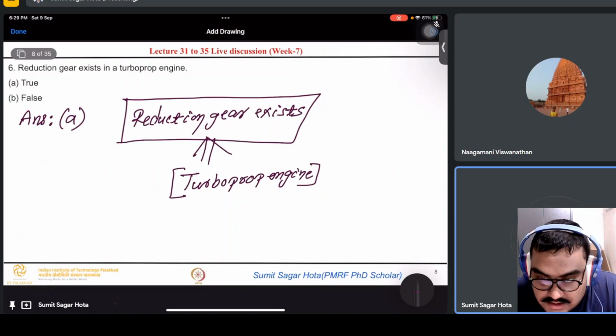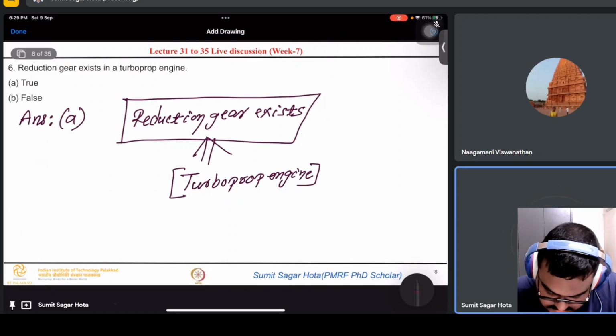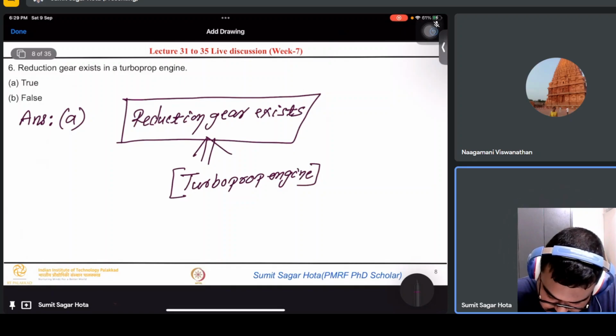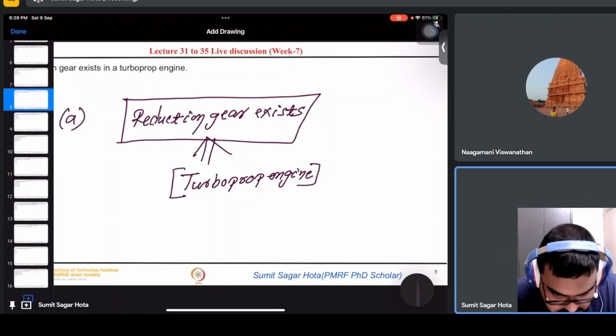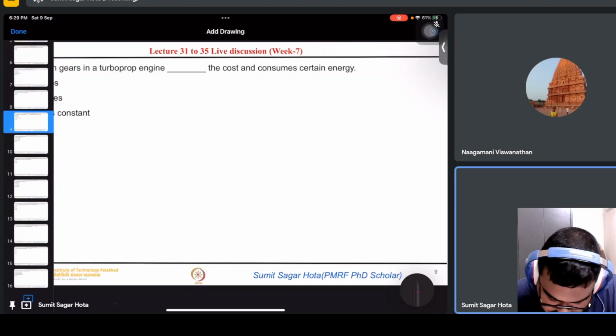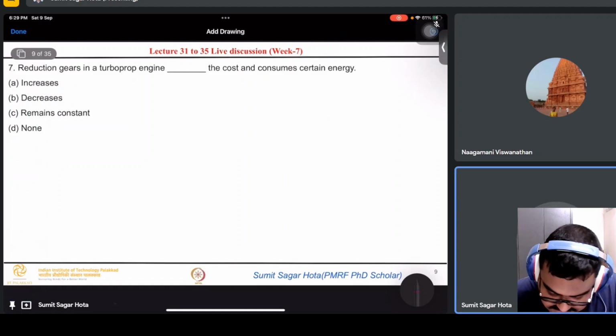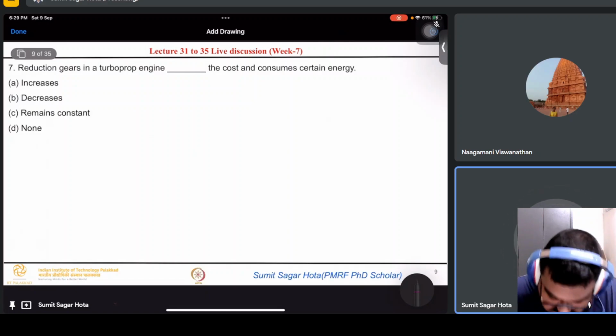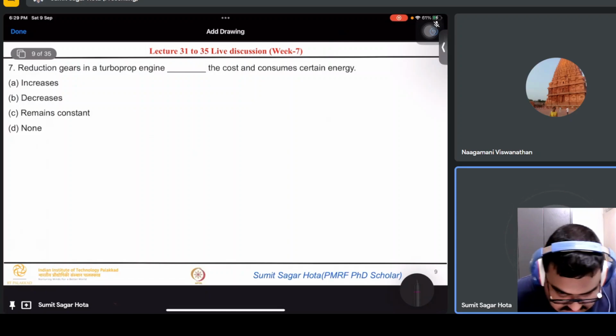Then, a reduction gear in a turboprop engine dash the cost and consumes certain energy. A reduction gear means one extra part in the turboprop engine. If there is one extra component, that means it will obviously increase the cost.